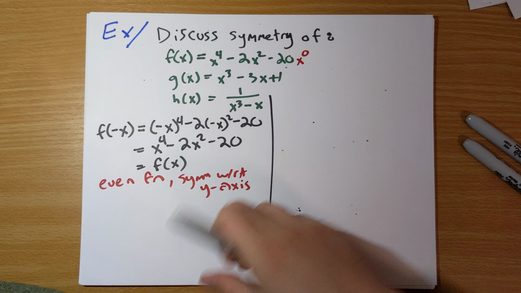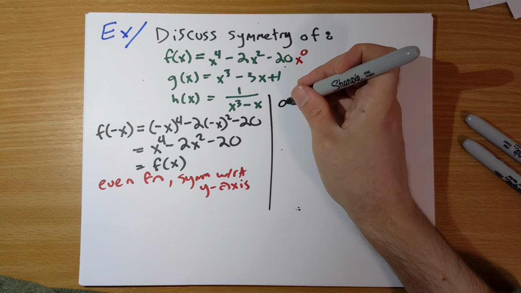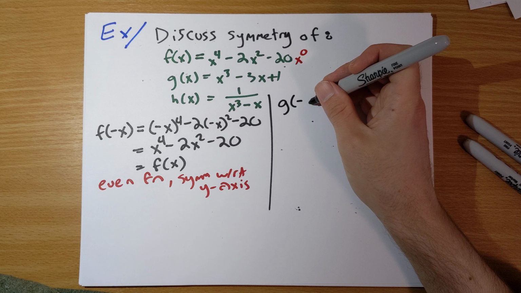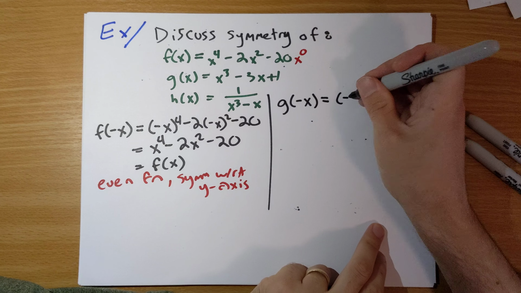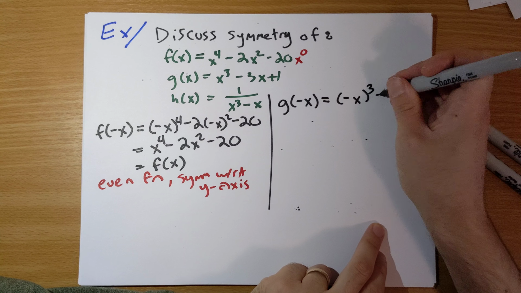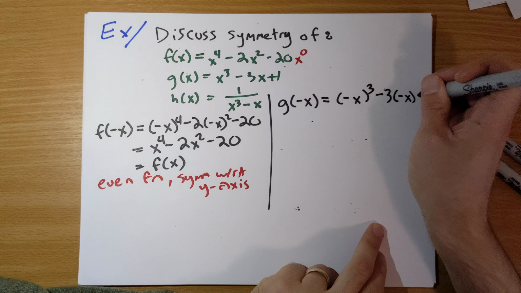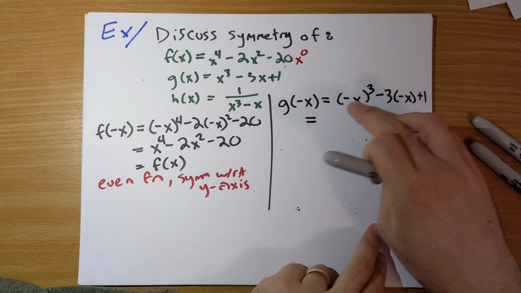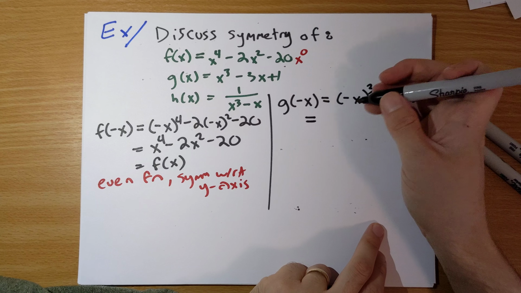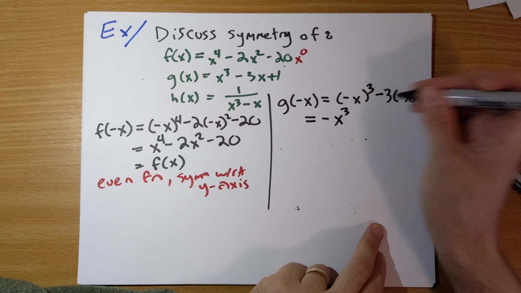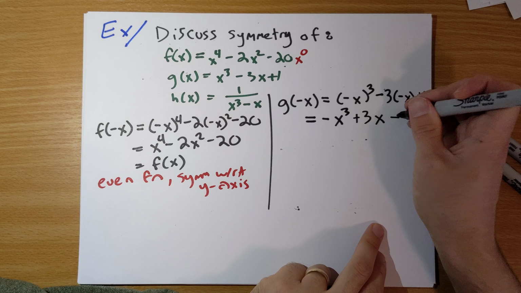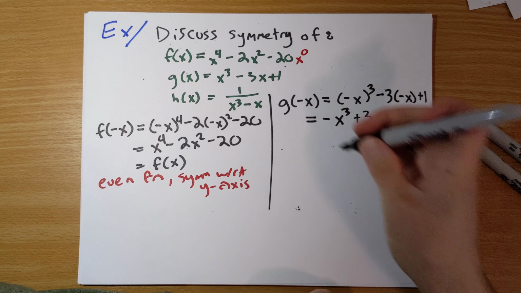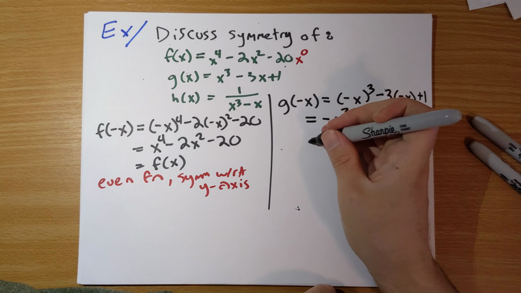As for g of x here, g of negative x will be negative x cubed minus 3 times negative x plus 1. Negative x cubed will be negative x cubed. Negative 3 times negative x is plus 3x plus 1. And so let's just observe here.